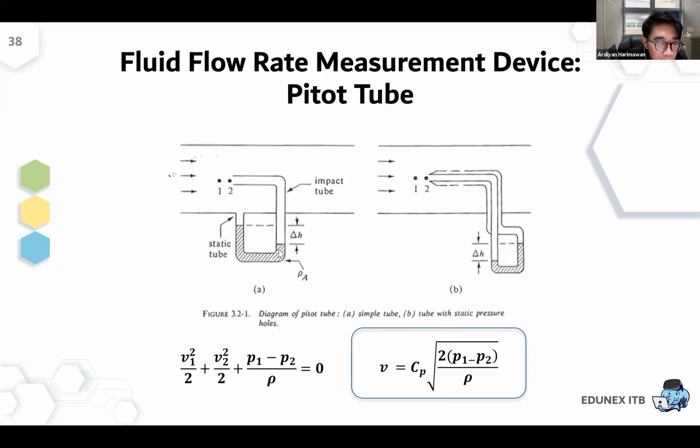The gray area represents the fluid inside the manometer, until at a certain time the manometer fluid shows this position and stays constant. If the manometer fluid is constant in this position, what will happen with the air inside the pitot tube?